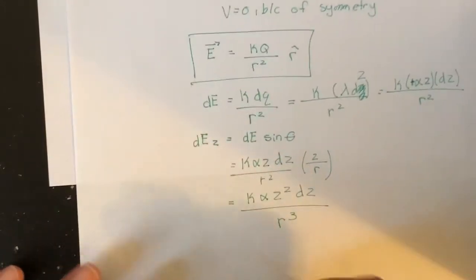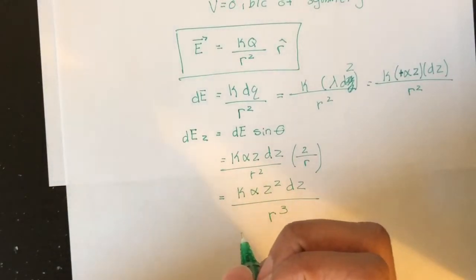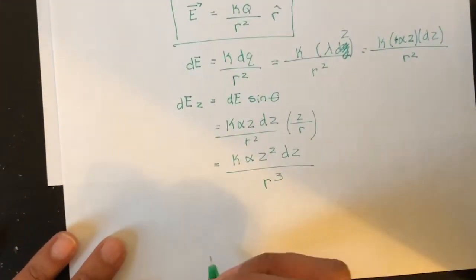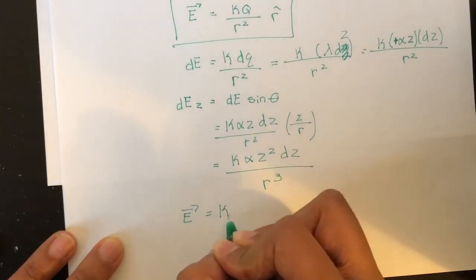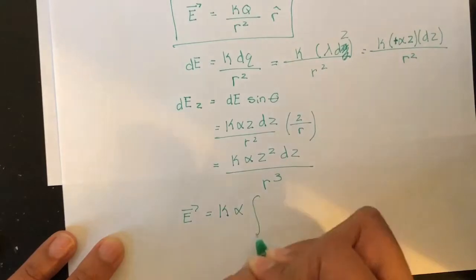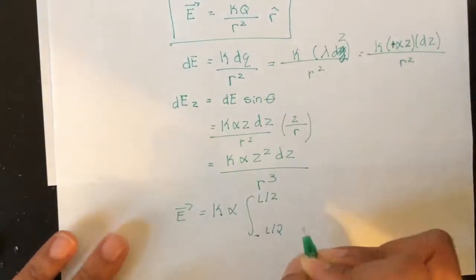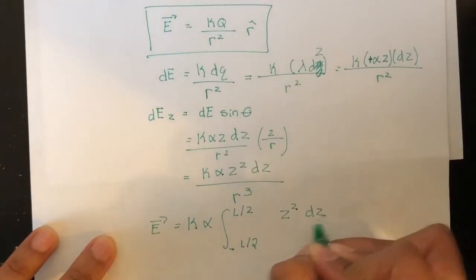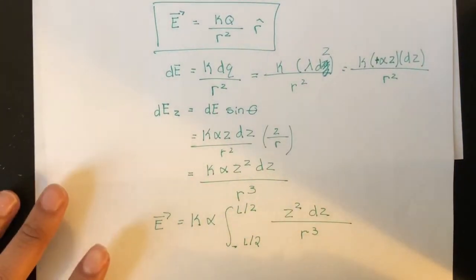So we're going to integrate the tiny pieces to get the total electric field of this line charge at that point of interest. So our electric field is equal to k alpha, integral from negative L over 2 to L over 2, of z squared dz over r cubed. So we're going to solve for that.